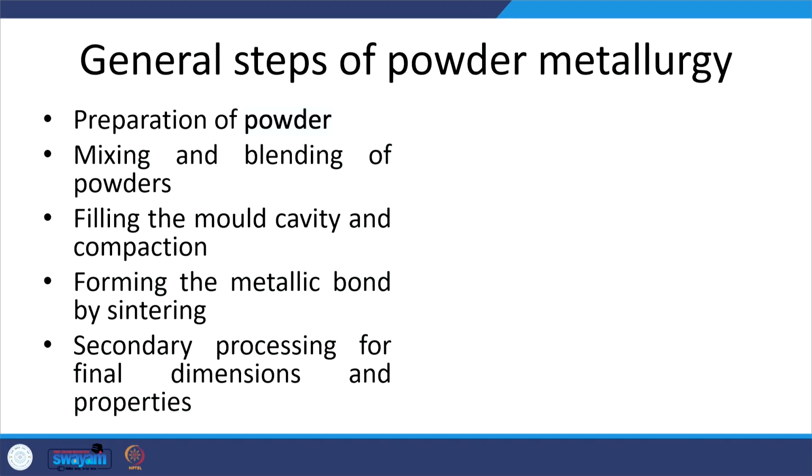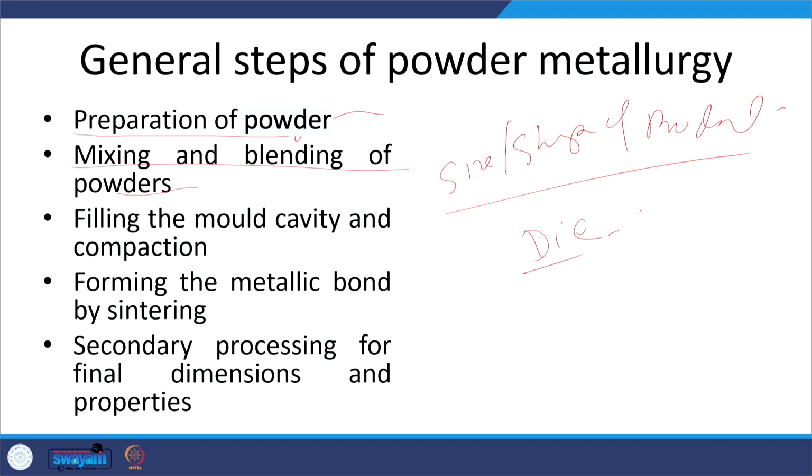So, the general steps of powder metallurgy involve the preparation of the powders first, then mixing and blending of the powders, using mixers and blenders. Then we have to make, as per the size and shape of the product to be made by powder metallurgy, the die, just like in casting. This is certainly metallic, and it conforms to the shape of the product to be made.